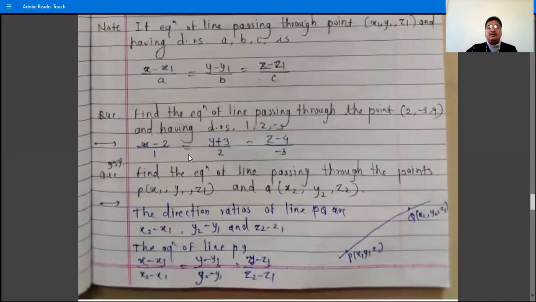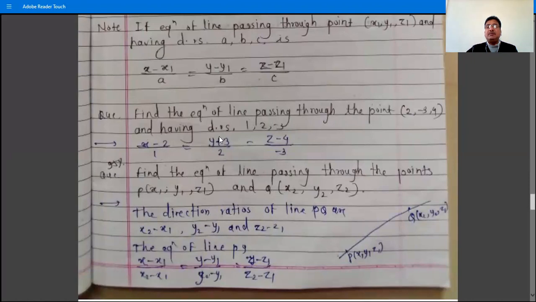In 12th standard, we learned the equation of a line passing through two points. That is called the two-point form of the equation of a line. We can also write the equation of a line in three dimensions if we know two points on the line. Here is an example for 2 marks: find the equation of the line passing through the point (2, minus 3, 4) and having direction ratios 1, 2, minus 3.